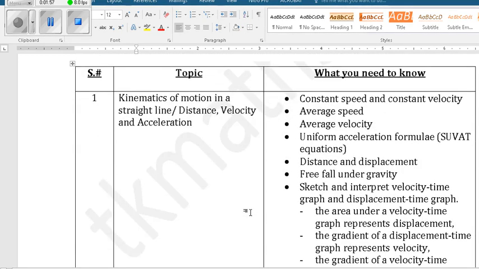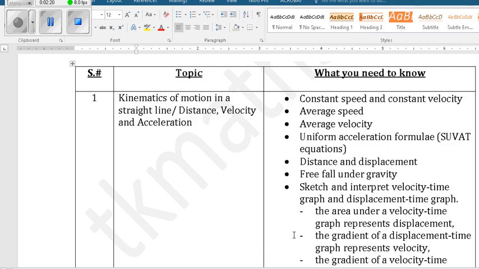Now, if you are revising kinematics of motion in a straight line: distance, velocity, and acceleration, you must understand all these terms because these are the concepts which will be asked. I will not read out each and every one. You can pause the video, read it and make a note of it.